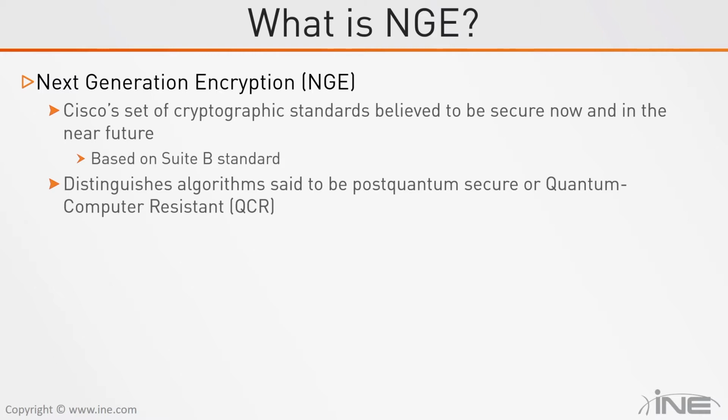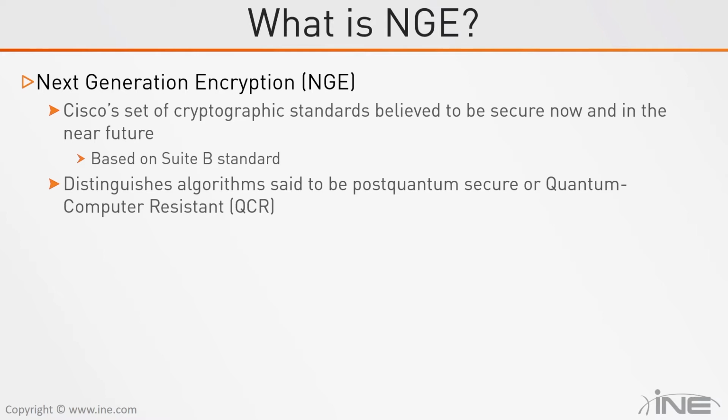Now, in the case of NGE, in addition to listing those individual functions that Cisco recommends for encryption, authentication, digital signatures, and so on, they also included information about which of those individual algorithms are potentially deemed to be secure after the introduction of so-called quantum computers, QCs, which is, as of right now, more of a theoretical concept.